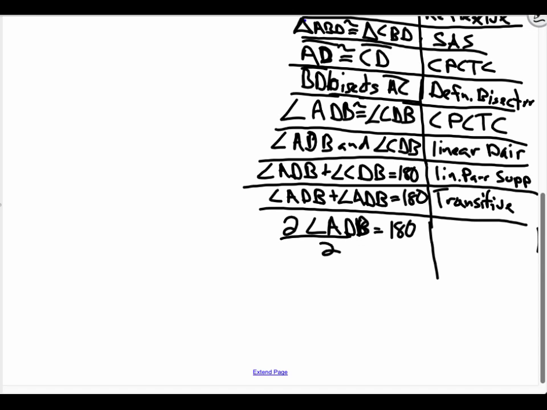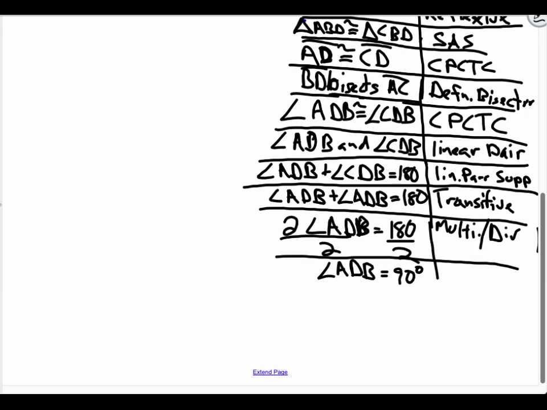If I divide both sides by 2, I get ADB is equal to 90 degrees. And so here I'm doing the multiplication and the division properties all in one step, kind of solving it. And then I get ADB is equal to 90 degrees.